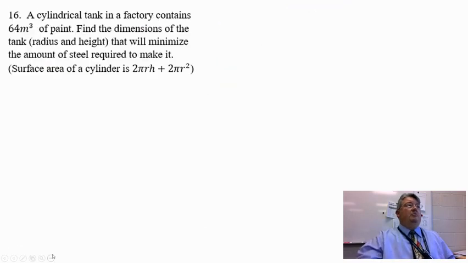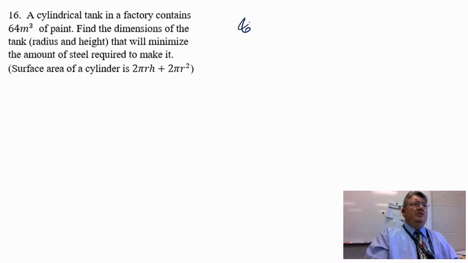Okay, next question, 16. A cylindrical tank in a factory contains 64 cubic meters of paint. Find the dimensions of the tank, radius and height, that will minimize the amount of steel required to make it. So the volume is this.